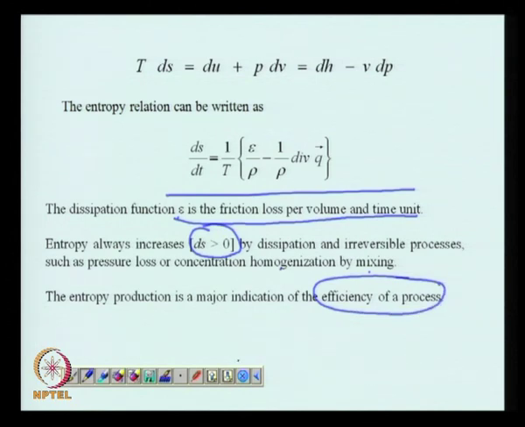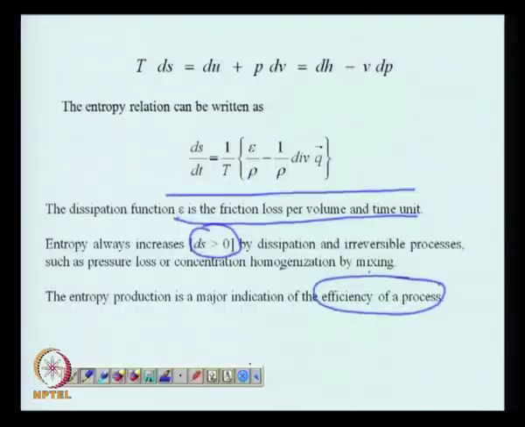So, the design should be such that the entropy generation can be kept to a minimum. For an example, if you have a sudden expansion in the flow area, and the liquid was flowing through a small conduit and suddenly it expands to a large area.